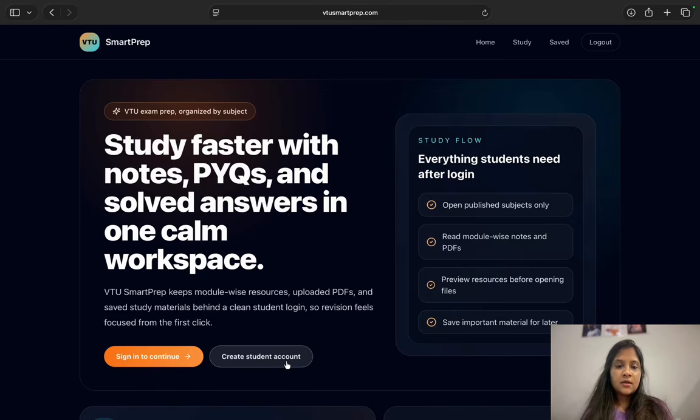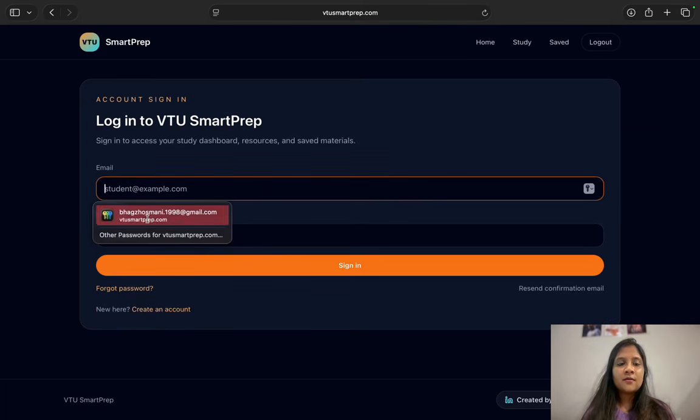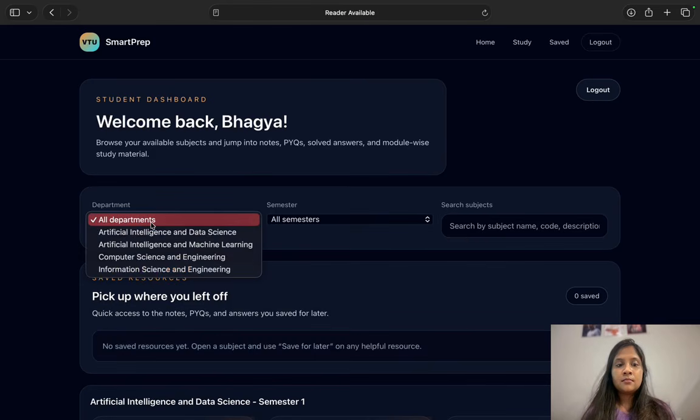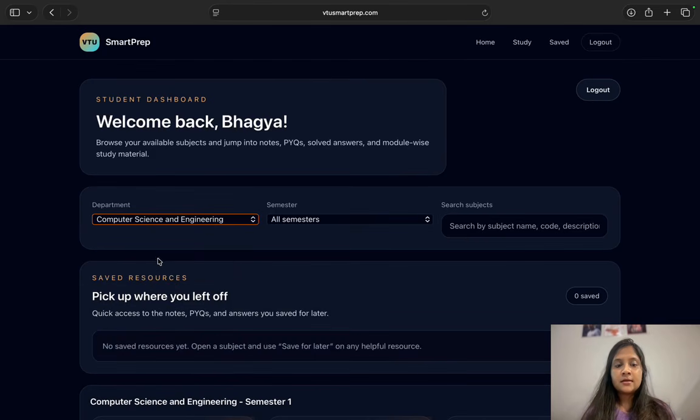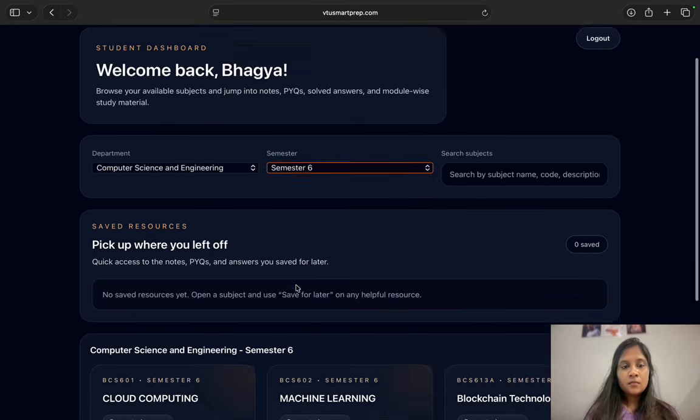Here you have to create a student account: enter your full name, email ID, password, and then sign up. I already have the account, so I'm just going to sign in and then select CSE. Right now I have uploaded only the CSE department, and only 6th semester notes are available.